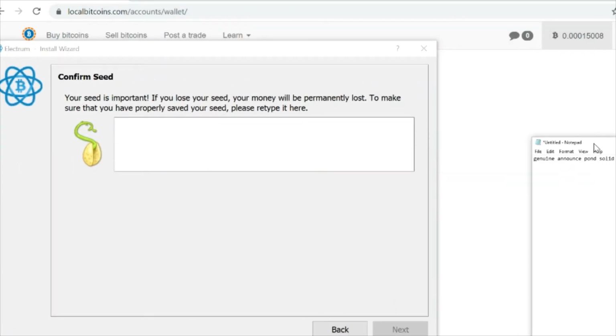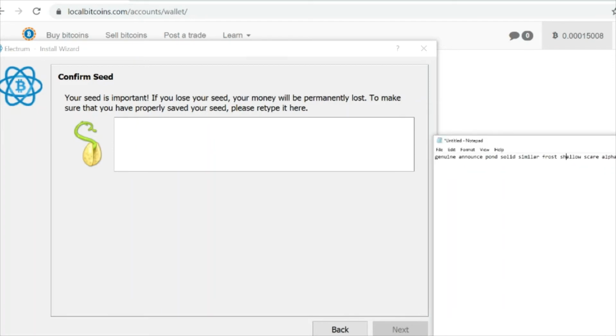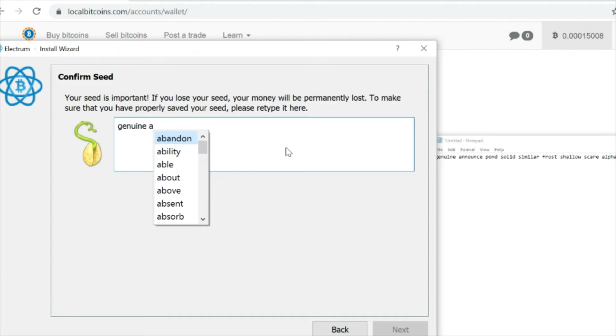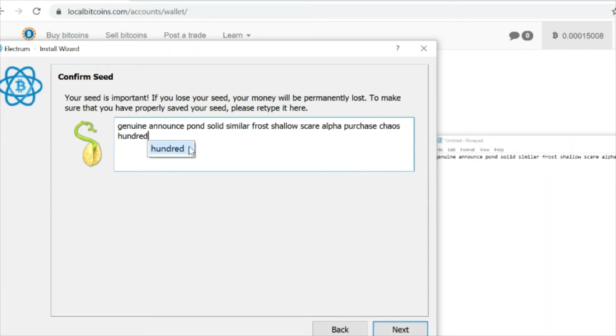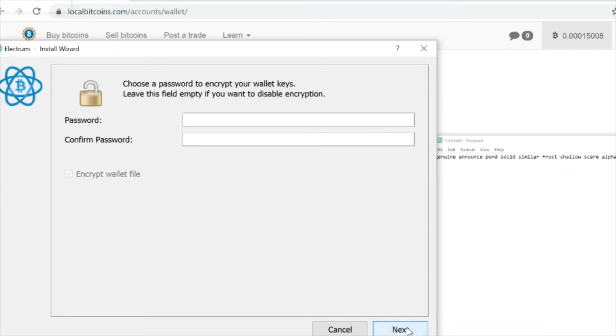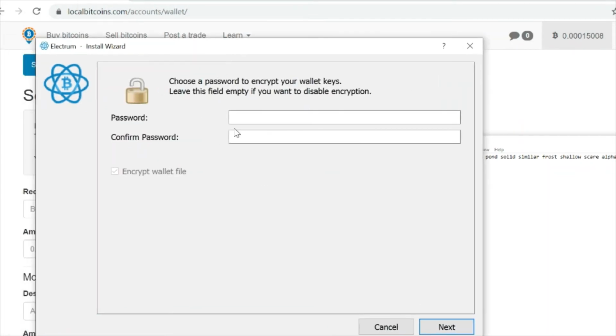You'll type it again. Then you create your password.